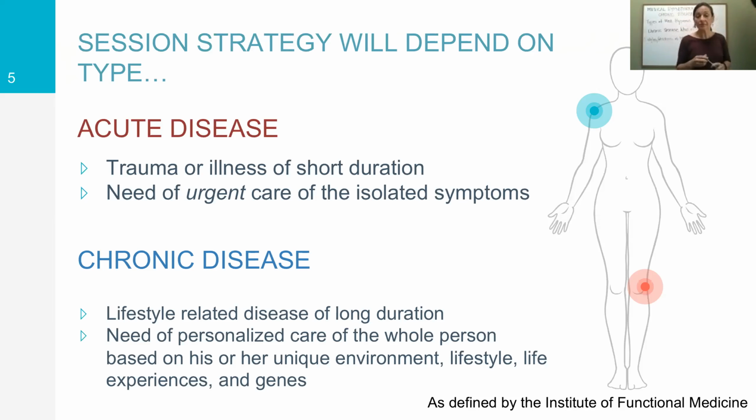Functional medicine defined it as personal. It needs personal care, not just of the symptom, but of the whole person. What needs to be addressed is their environment, their lifestyle, their life experiences, and their particular genes.